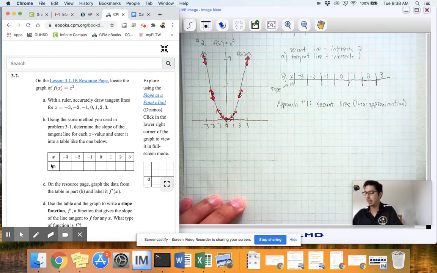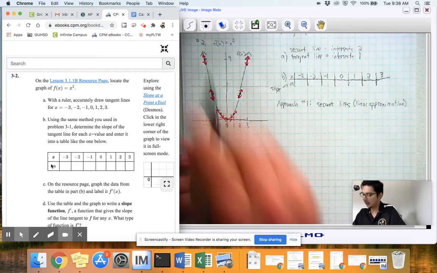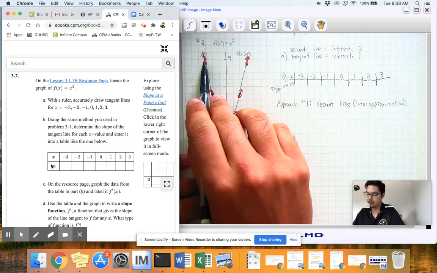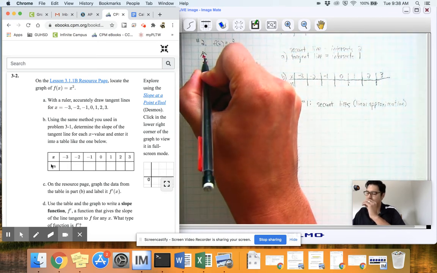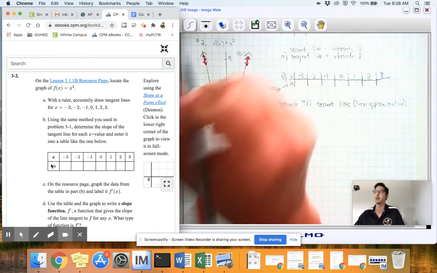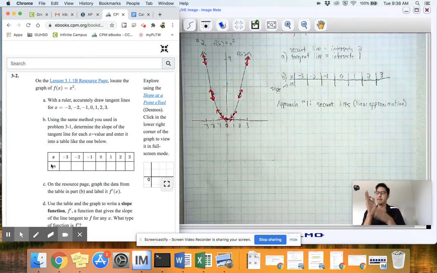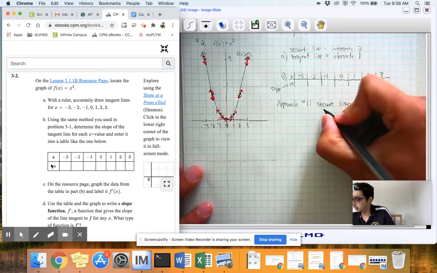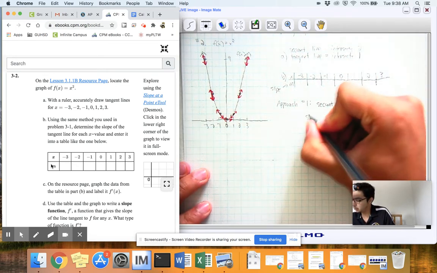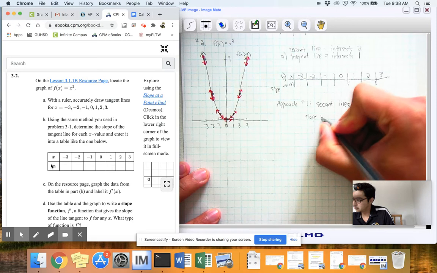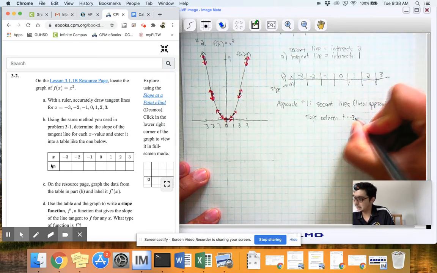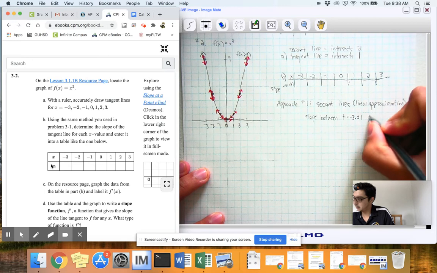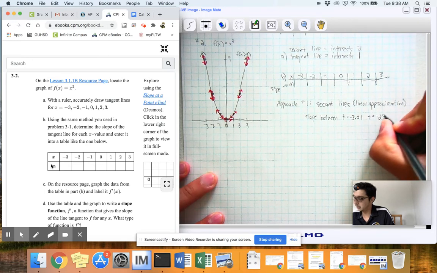Now, how do you do that? The idea is, say we looked at -3 and wanted to find the slope at -3 at that moment in time. We don't know it directly, but what we can do is look at the slope between 2 points just before and just after. So we can find the slope between, say, t equals -3.01 and t equals -2.99.